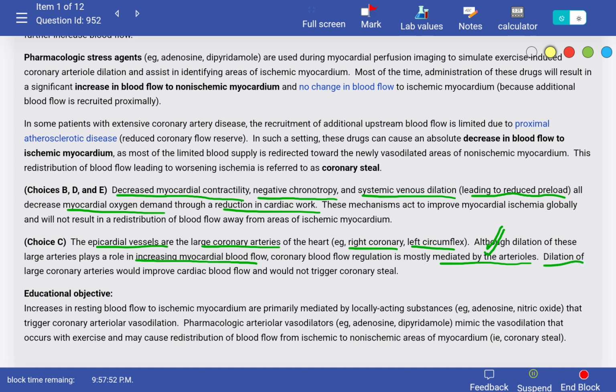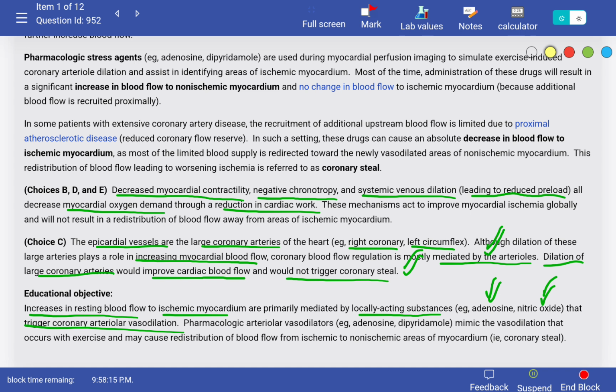Dilation of large coronary arteries would improve cardiac blood flow and wouldn't trigger coronary steal syndrome. So, increases in resting blood flow to ischemic myocardium are primarily mediated by locally acting substances like adenosine and nitric oxide, which trigger coronary artery vasodilation.